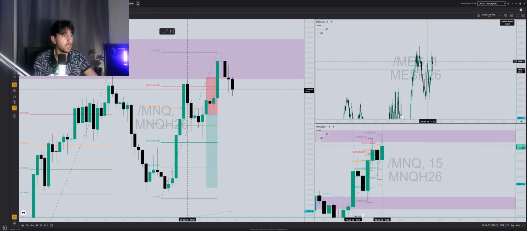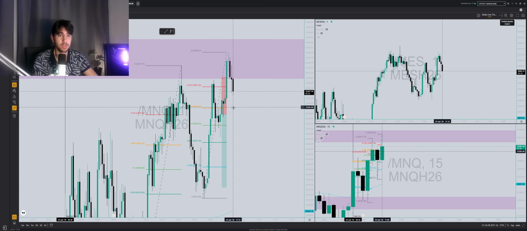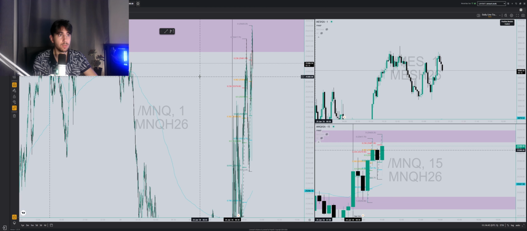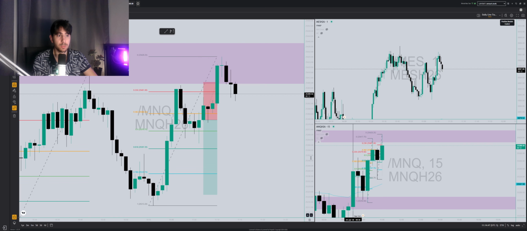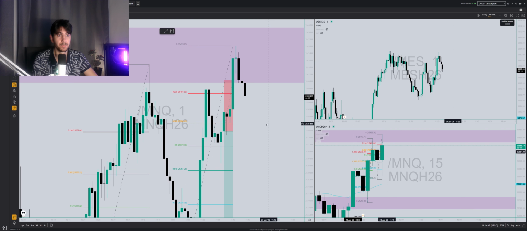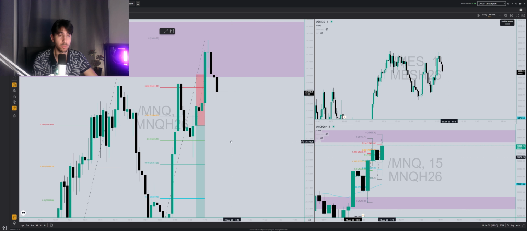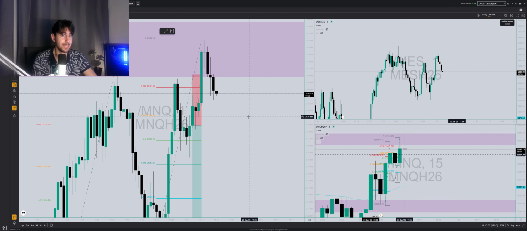Also here on the S&P we can still make a higher high. Let me check this. But when we come down here and reject going lower, I could go for a long, and if not, I will not trade.